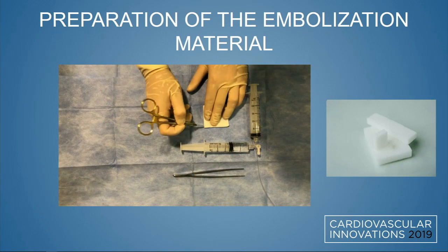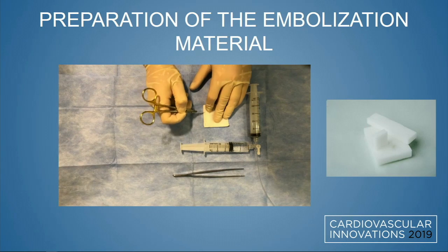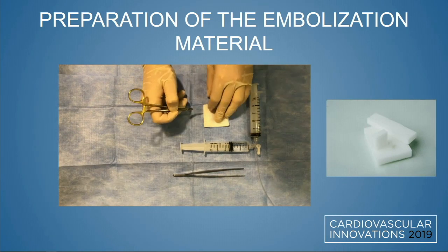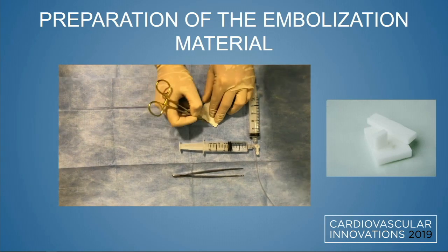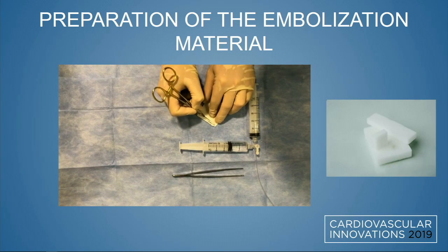Embolization material was simply prepared by cutting gelatin sponge into small pieces. The movie was recorded in my kitchen, so during the procedure it was much faster, and the sponge was cut into much smaller pieces, around 1 mm.